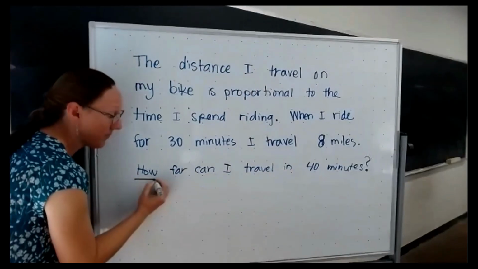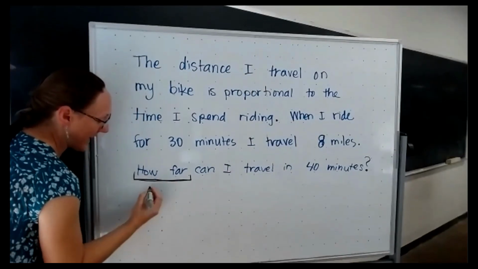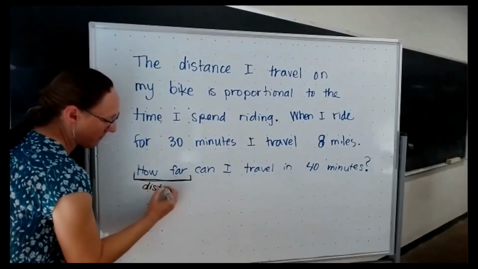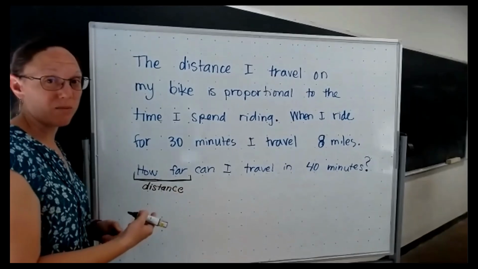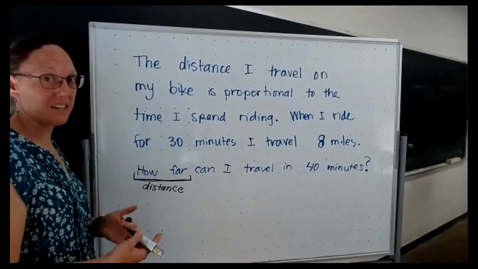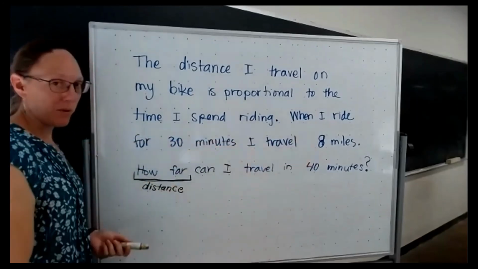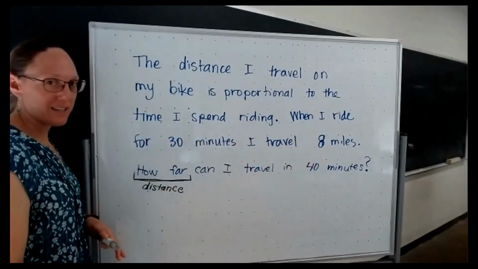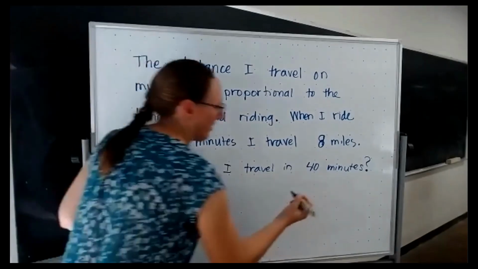That's the how. And how far is asking me for a distance. So that's what I'm looking for as a final answer. I know I'm trying to find a distance. If I look at the rest of that statement, the in 40 minutes, well, 40 minutes is giving me something that is a time.